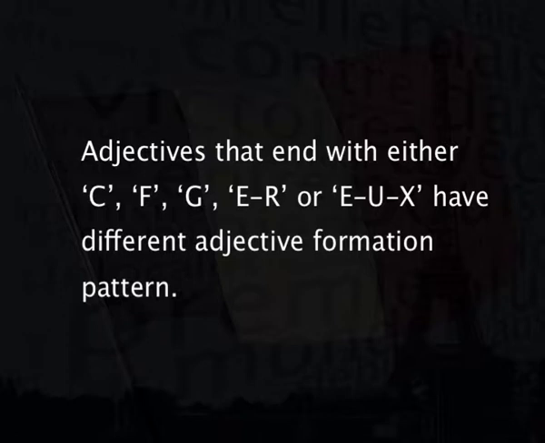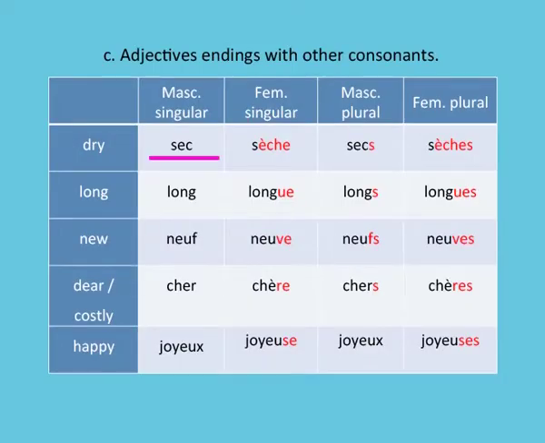Adjectives that end with either C, F, G, ER or EUX have different adjective formation patterns. Sec, sèche, sec, sèche. Long, longue, long, longue.